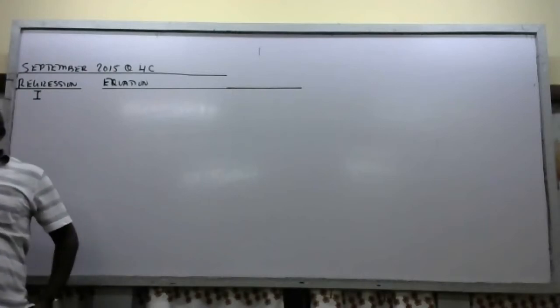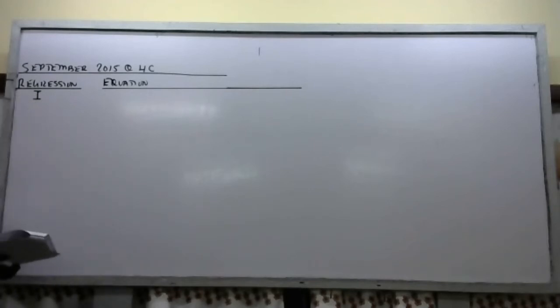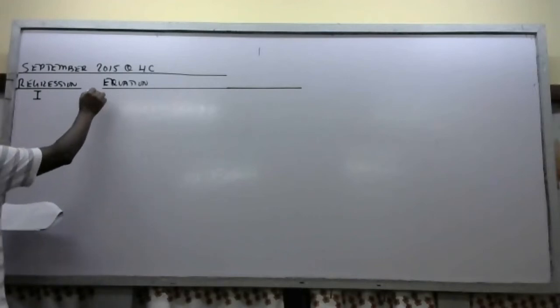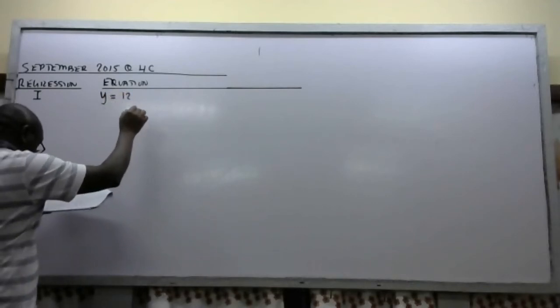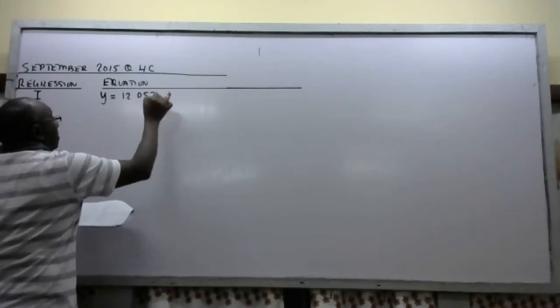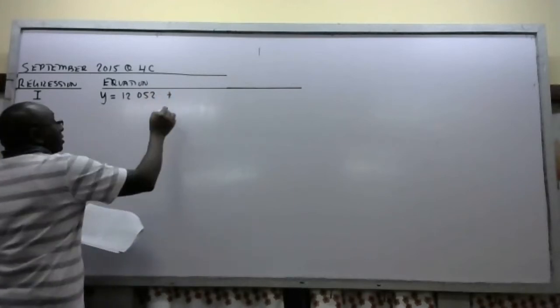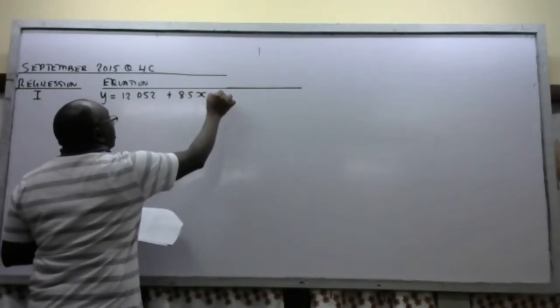So if you follow regression one, you can see the intercept is, so it will be written as y equals 12,0.52 plus 8.5 x1.